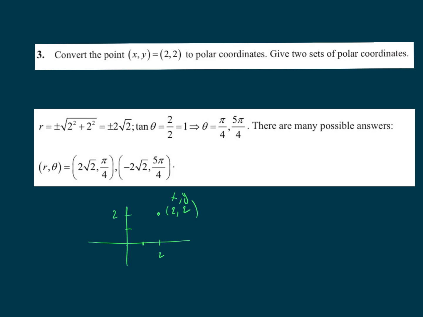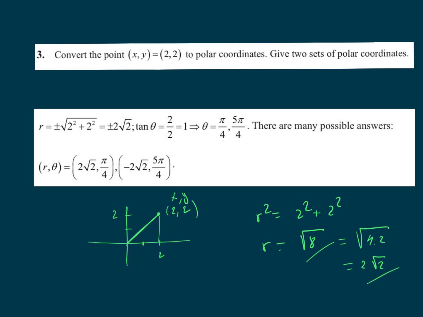So the r is this distance from the center. What is this distance? This r squared is 2 squared plus 2 squared, according to Pythagoras. So 2 squared is 4, 4 plus 4 is 8, so the r is square root of 8. No problem, this is the r. Or if you prefer, square root of 4 times 2, or 2 times the square root of 2, because the square root of 4 is 2.